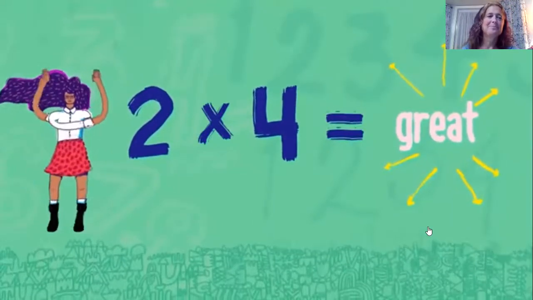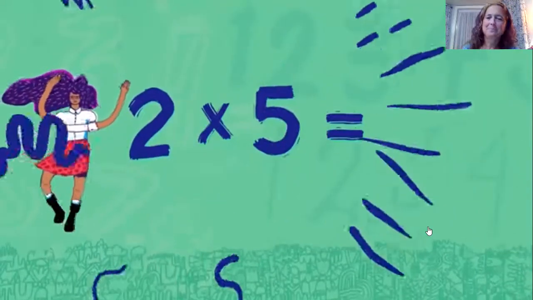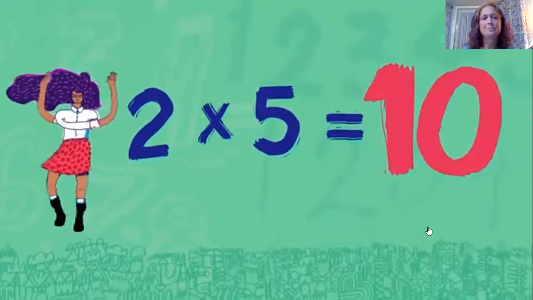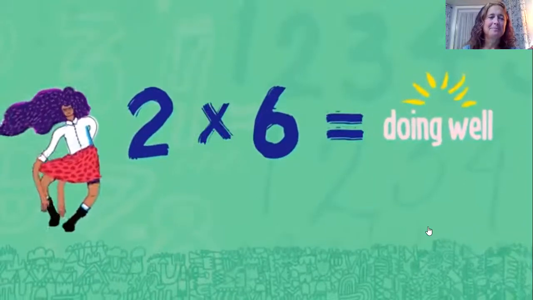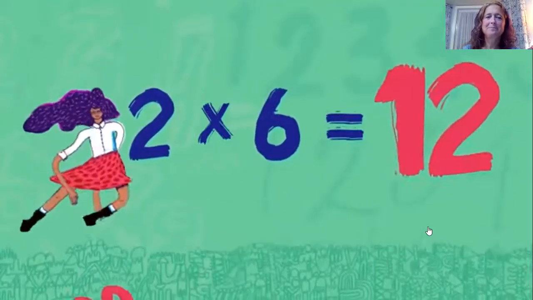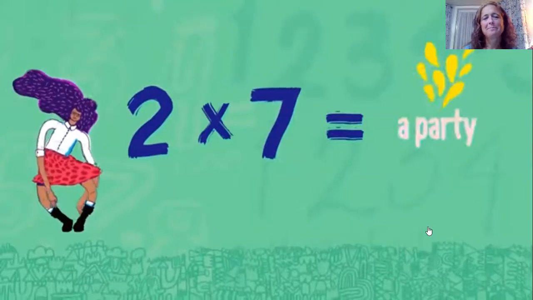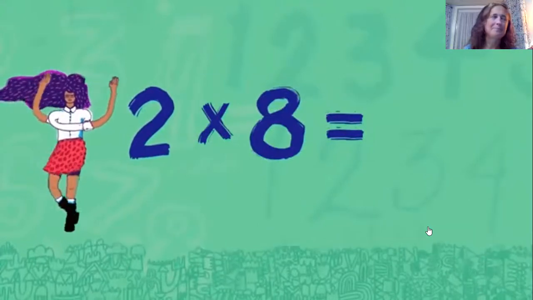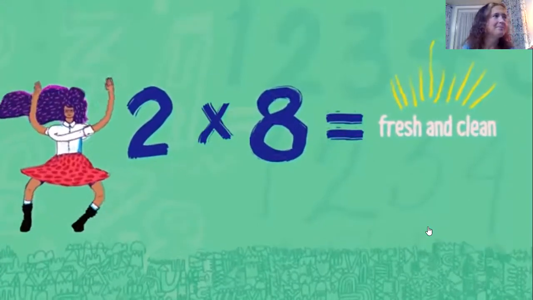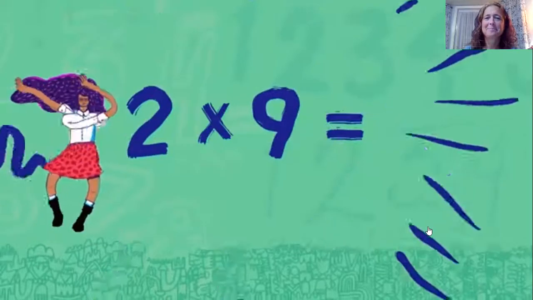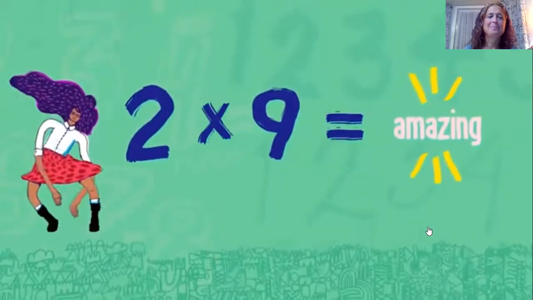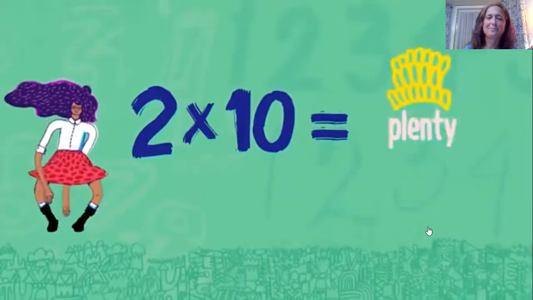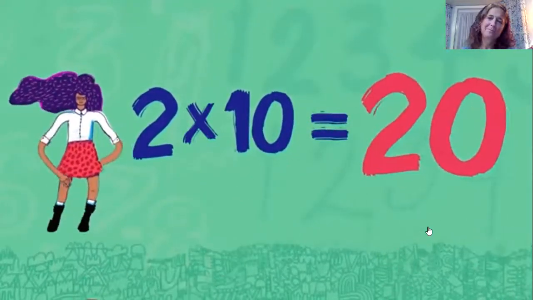I mean, 2 times 4 is 8. 2 times 5, do it again. 2 times 5 is 10. 2 times 6 is doing well. 2 times 6 is 12. 2 times 7 is a party. 2 times 7 is 14. 2 times 8, fresh and clean. 2 times 8 is 16. 2 times 9 is amazing. 2 times 9 is 18. 2 times 10 is plenty, 'cause 2 times 10 is 20.